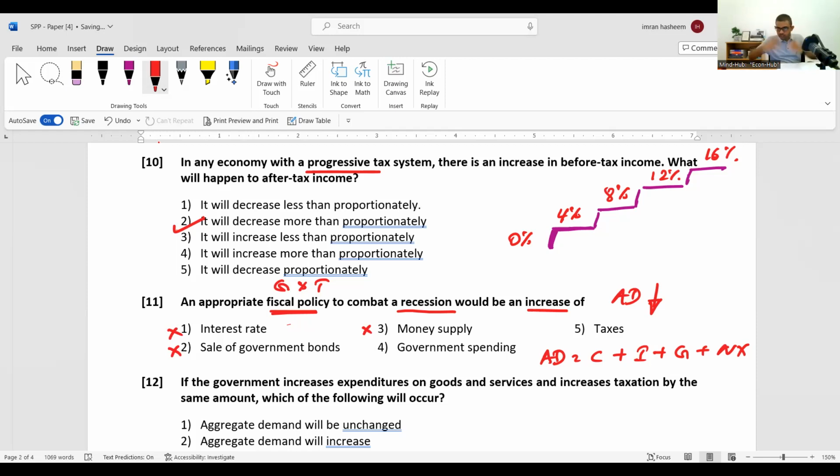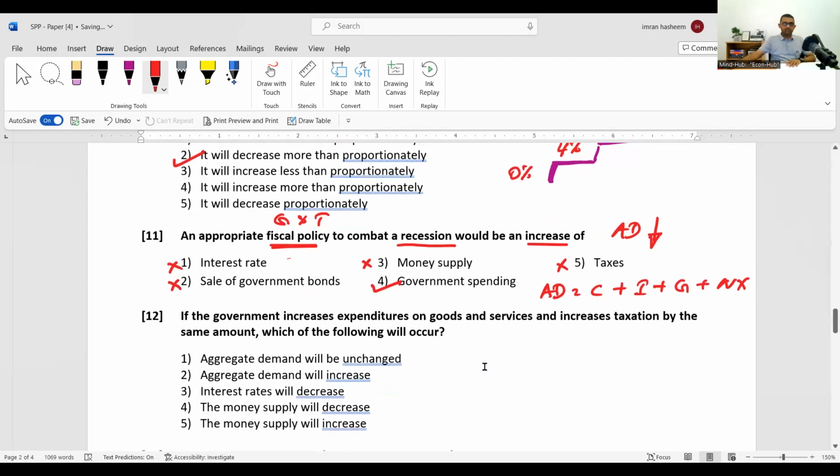That will further reduce aggregate demand, not expand it. So in that way also it's wrong. Government spending, yes. If we increase the G component, AD will increase. Number 5, taxation. No, it works the other way. If we increase taxation, consumption will decrease, and aggregate demand will decrease. So that's also out. Correct answer number 4.